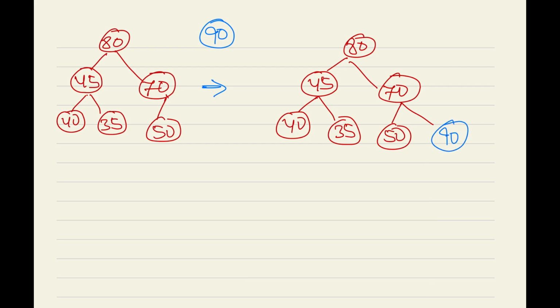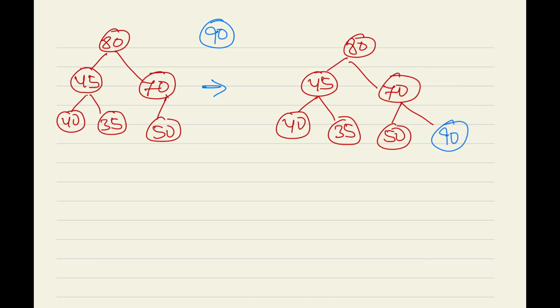Now you can see, when we insert 90 at the end, the key value of the parent, 70, is less than its child's key value, 90. So here is a violation of the heap property. What should we do? We should exchange the values of 70 and 90, that is, swap 90 and 70.